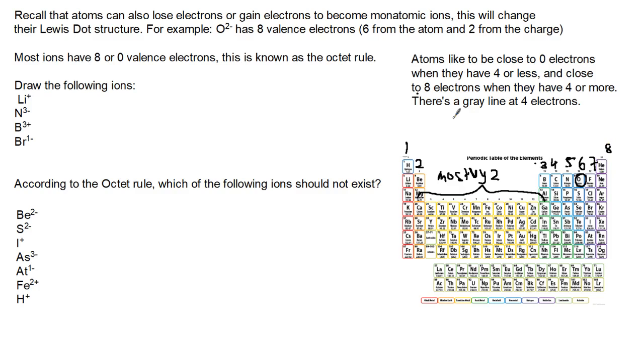Atoms like to be as close to 0 electrons as possible. So when they have 4 or less, they choose to have 0 electrons, and when they have 4 or more, they choose to have 8 electrons. There's a gray line at 4 electrons, so carbon and silicon, for example, can form different compounds.